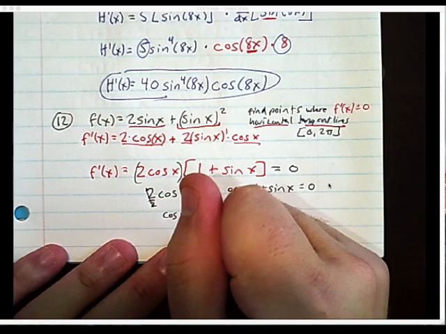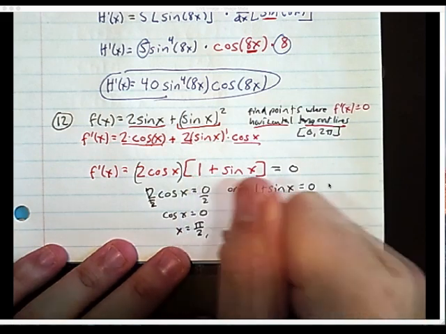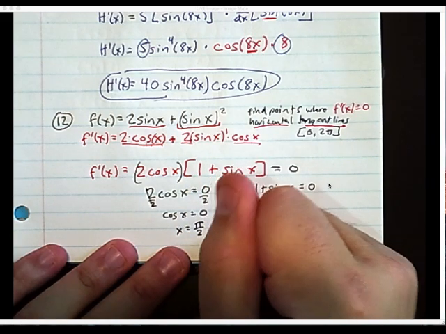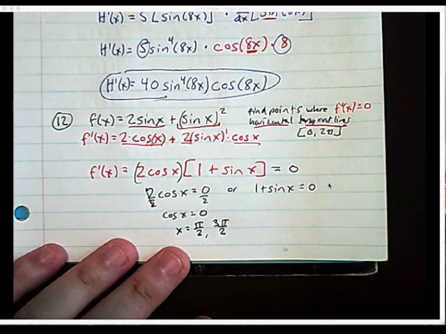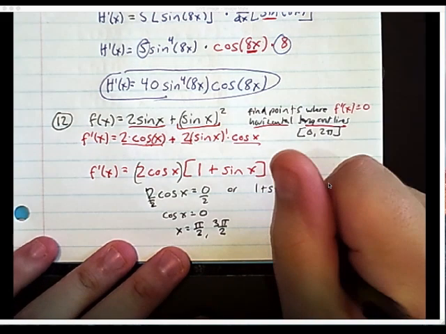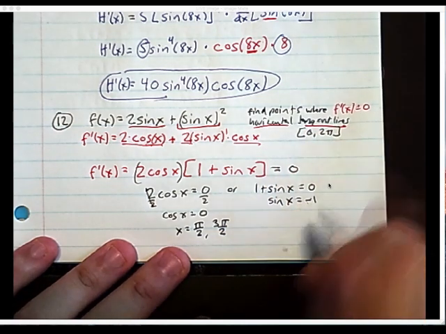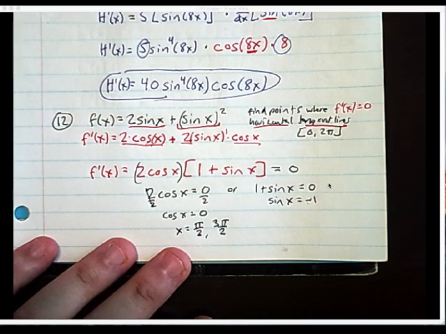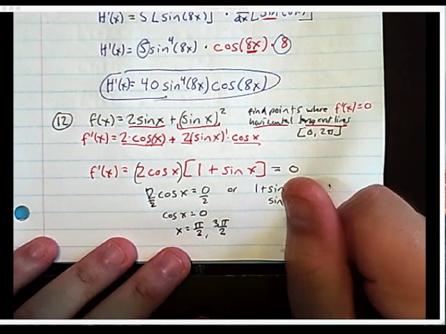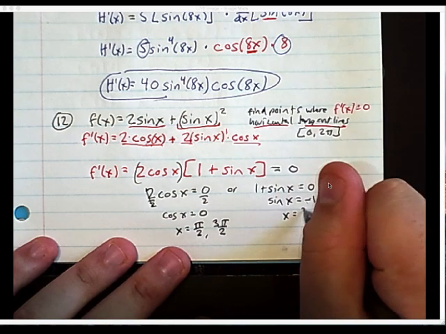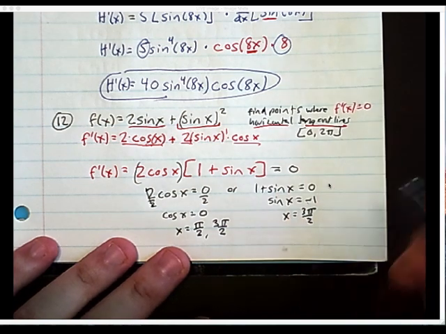That happens at 90 degrees, and it also happens at 270 degrees. Now, let's solve this next part. Subtract 1 from both sides and ask yourself, where is the sine equal to -1? That happens only at 270 degrees.